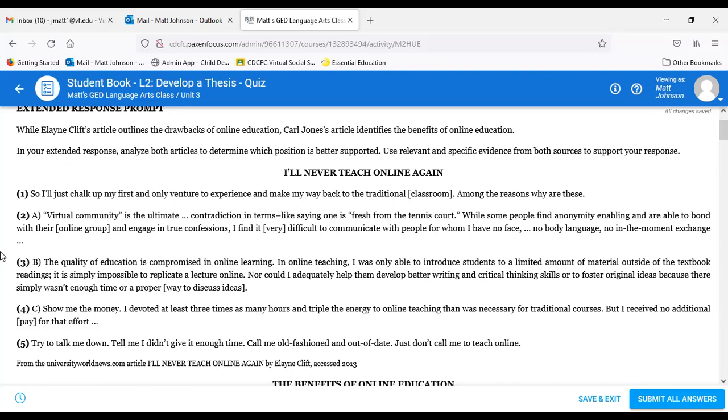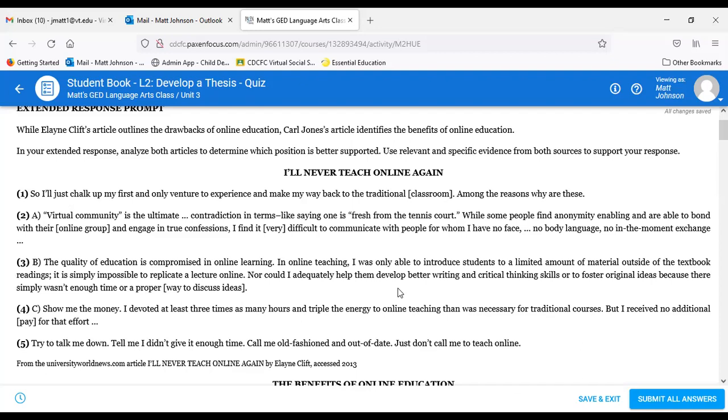And this is going to go towards her second claim, her second reason. It adequately helped them to develop better writing and critical thinking skills. Yeah, okay, right there. She helped them develop better writing and critical skills.